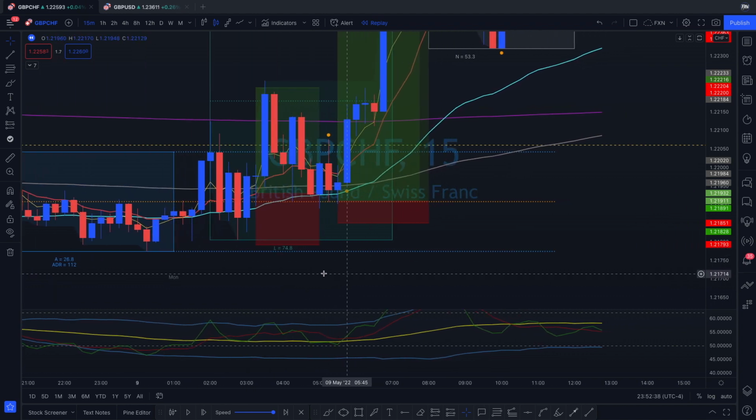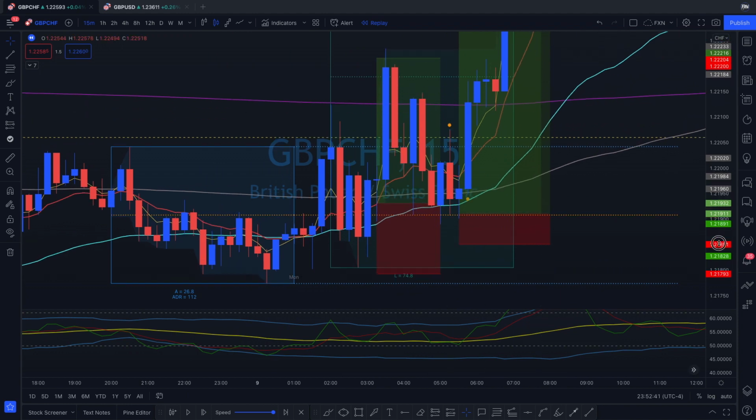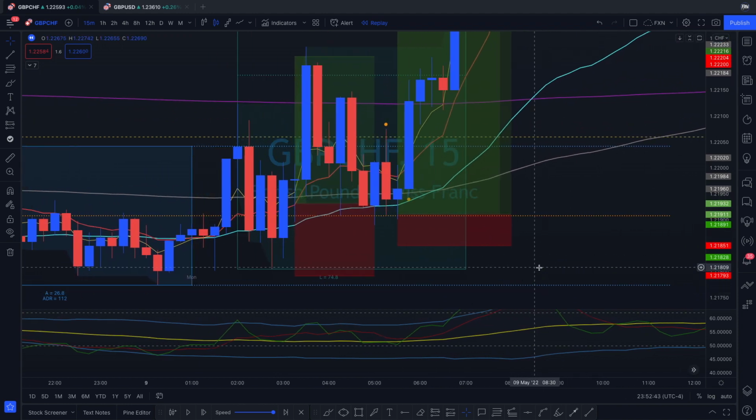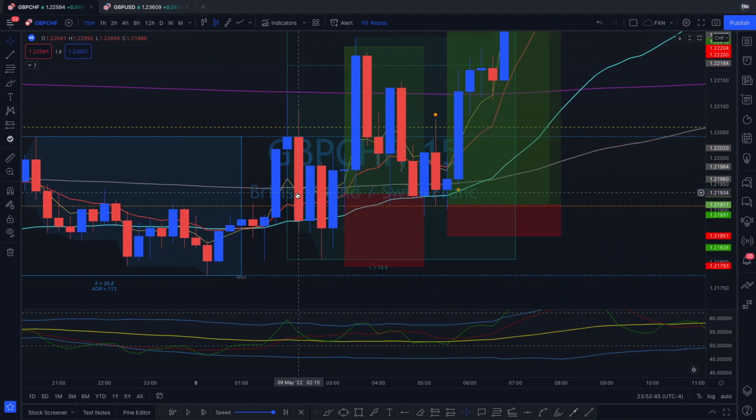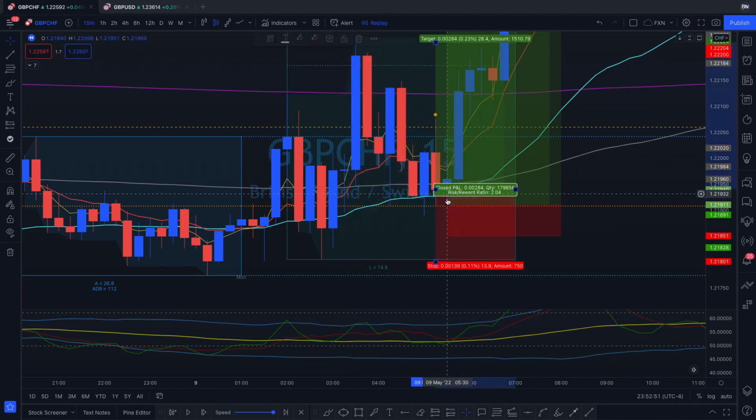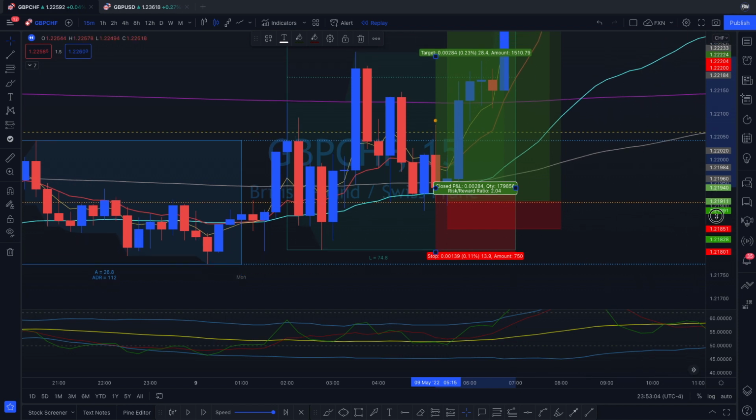What is the actual entry? The entry of this trade is basically after the quarter wood. So after these 4 bars, which produce the actual quarter wood pattern, you get this candle here. Typically, we want this candle to produce what we call a pullback, because a pullback allows us to get into the trade at a better position.